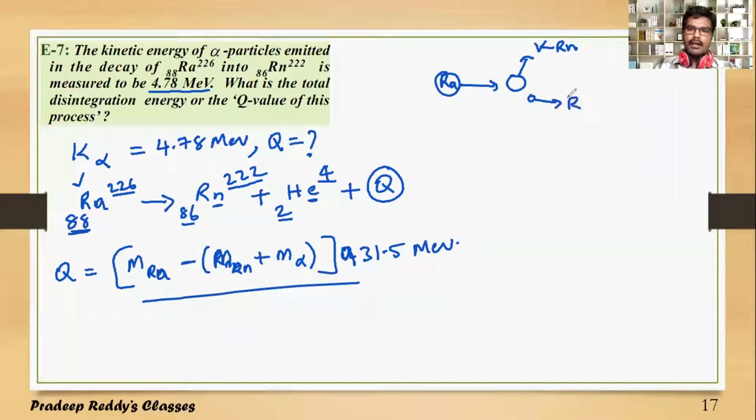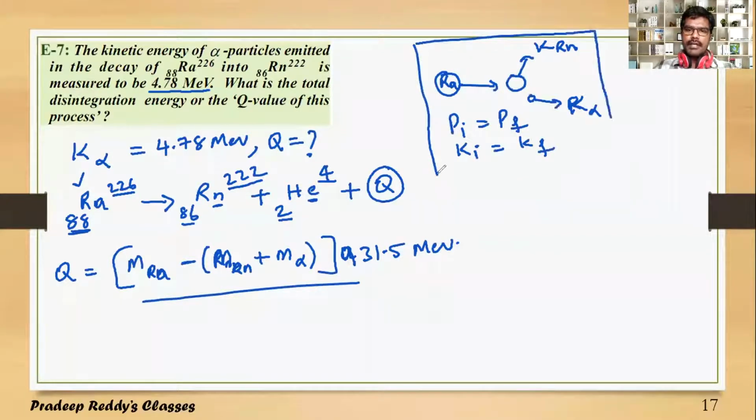This is the kinetic energy of alpha. You can use the law of conservation of momentum: P initial should be equal to P final, and kinetic energy initial should be equal to kinetic energy final. You can use the law of conservation of momentum and the law of conservation of kinetic energy, and find the answer for the Q value.